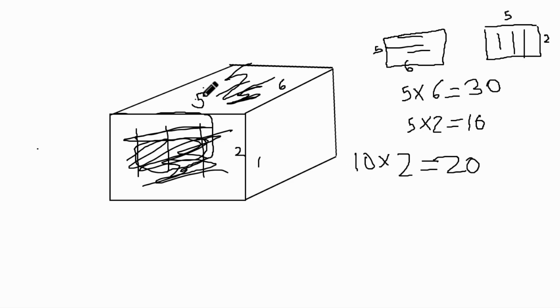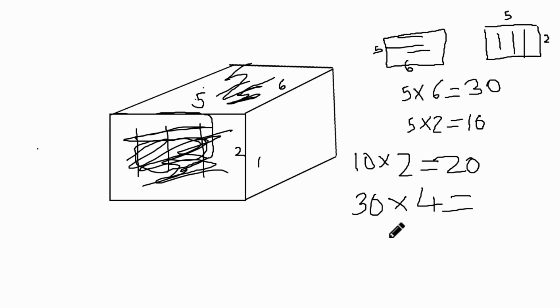And if you look at it, there's one rectangle there, one rectangle there, then there's 2 more. So we need to times the 30 by 4.